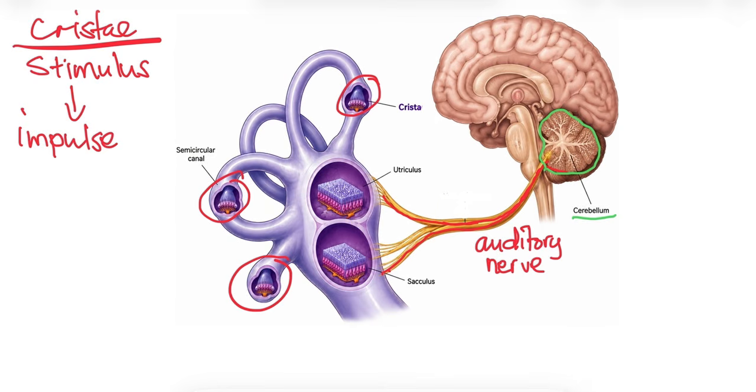Now, when the cerebellum interprets the nerve impulse from the semicircular canals, it is going to generate an impulse. This impulse is going to be transmitted to the muscles, where balance is going to be restored.